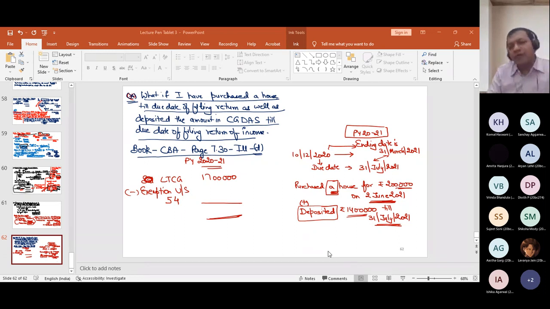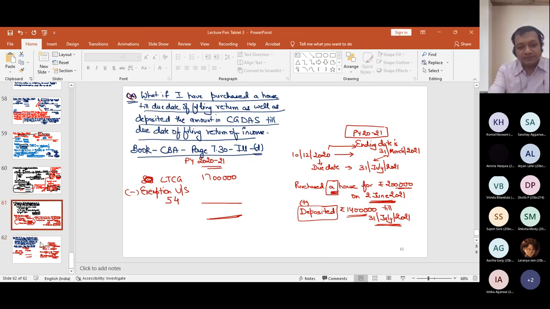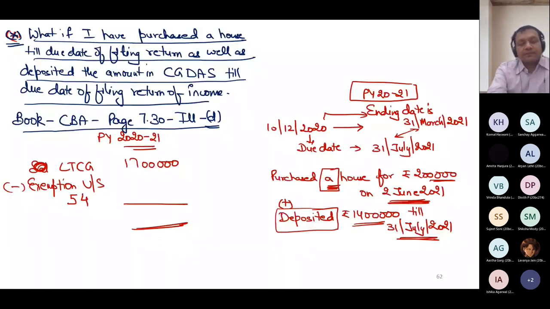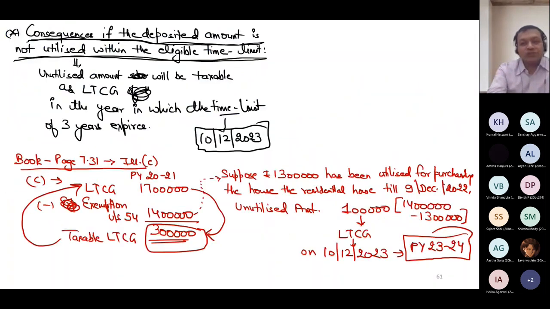For how many houses do you get the exemption under section 54? Anyone who remembers? For how many houses maximum will I get the exemption under section 54? So one. The Act says that only for one residential house you get the exemption.